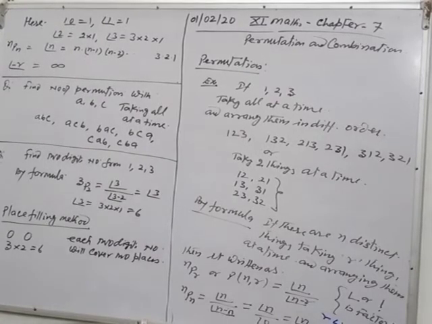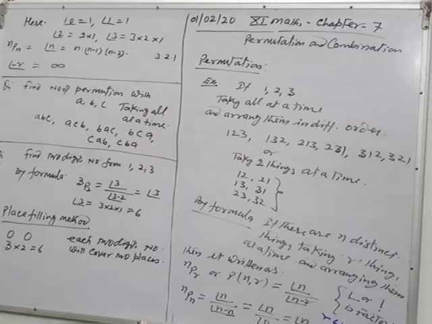Now see one example. Find the number of permutations or number of arrangements with the given things A, B, C, taking all three things at a time. In how many ways can you arrange?